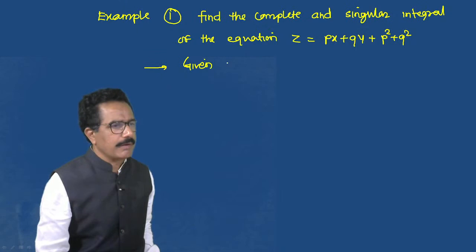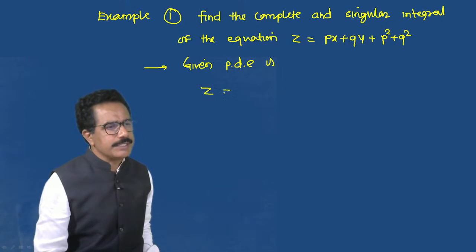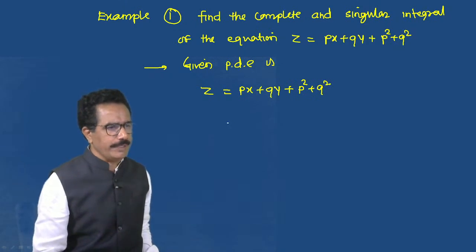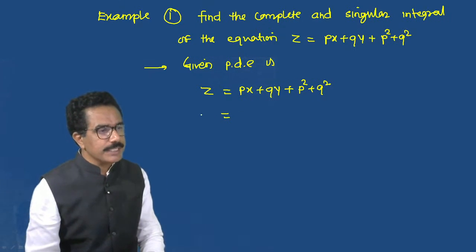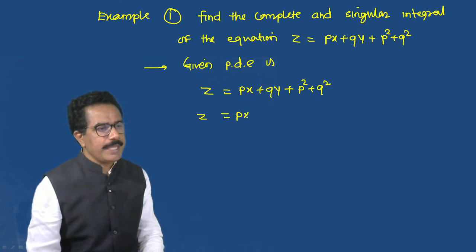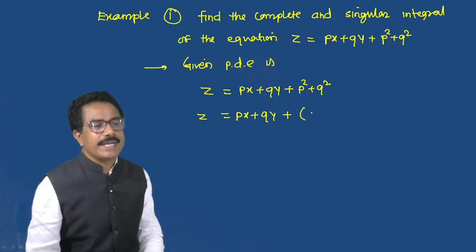Given non-linear PDE is z = px + qy + p² + q². You can take p² + q² in a bracket.